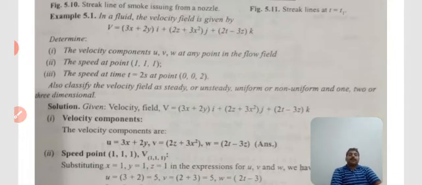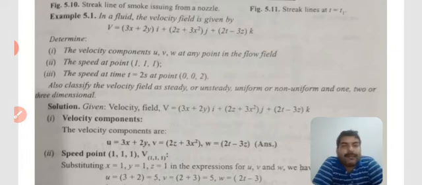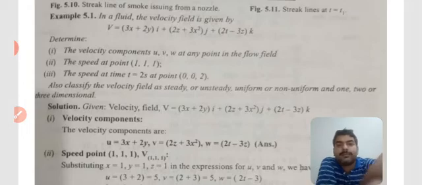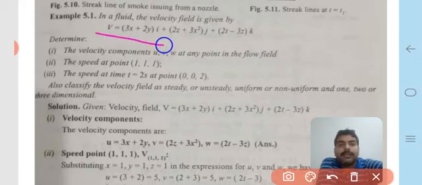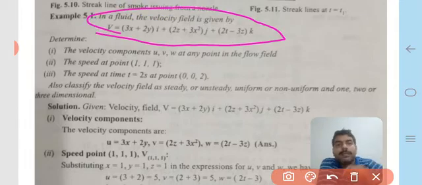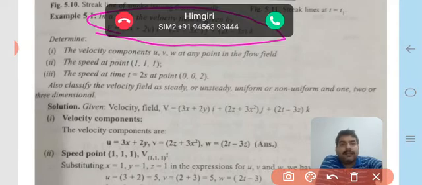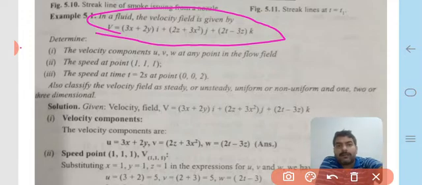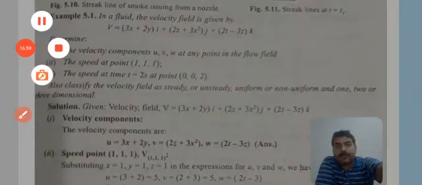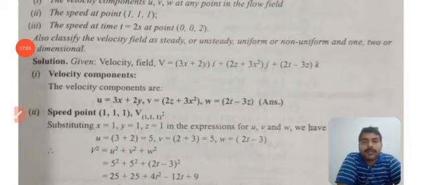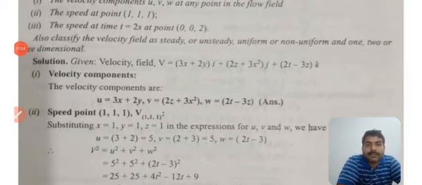That is the summary of the types of flow. Now some examples based on the types of flow. In a fluid, the velocity field is given by V equal to, which is the given velocity of the fluid flow, here in that slide.